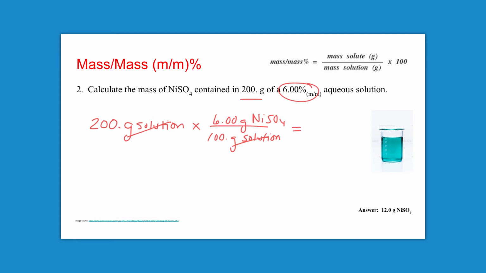And then you simply do the math here. So we'll take 200 grams times 6 divided by 100. And that will leave us with our answer of 12.0 grams of the solute, which in this case is nickel 2 sulfate. And that's it.